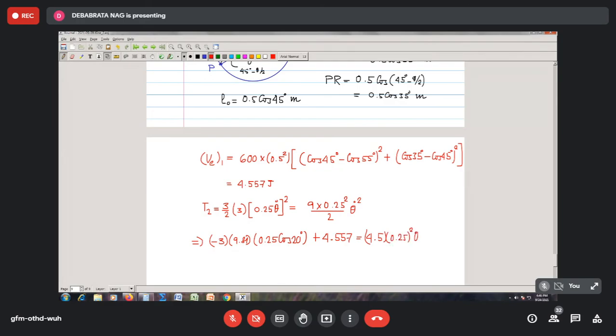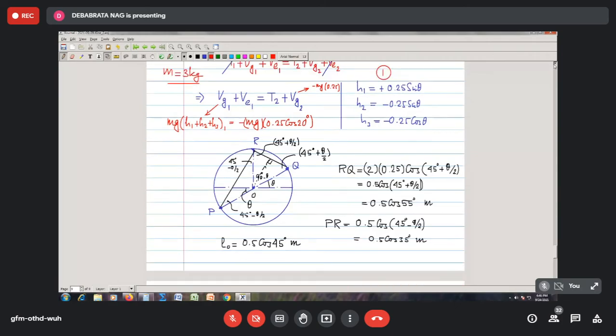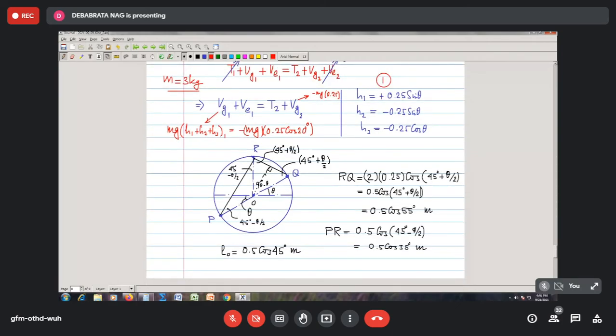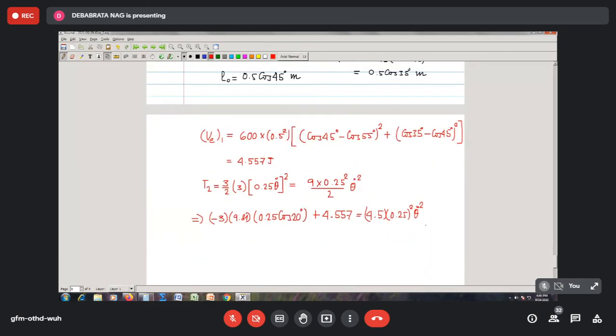0.25 square theta dot square, and then I have the next term here, that is minus 3 into 9.81 into 0.25. So I write this is minus 3 into 9.81 into 0.25.